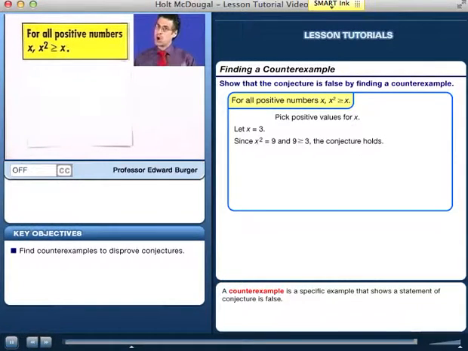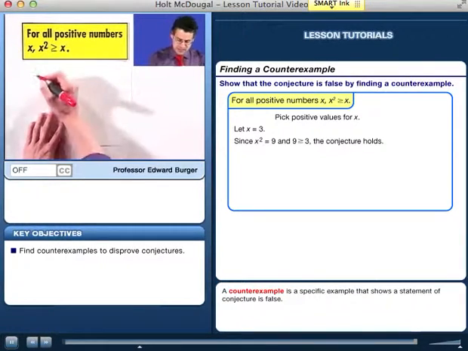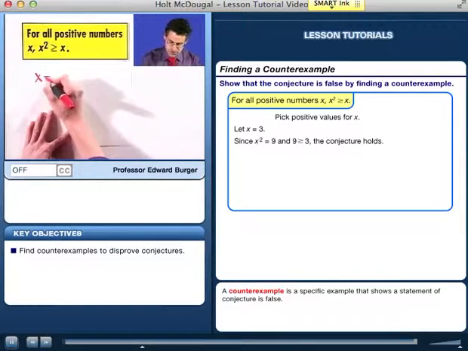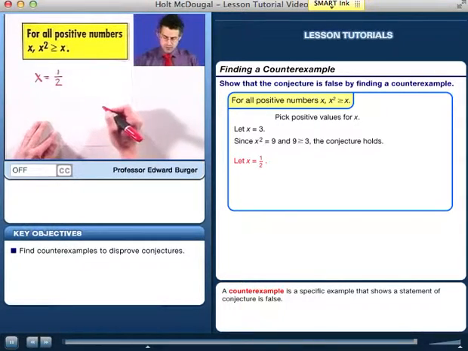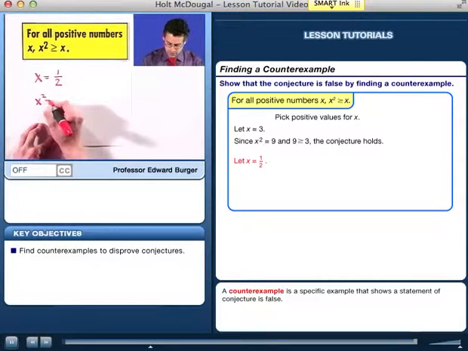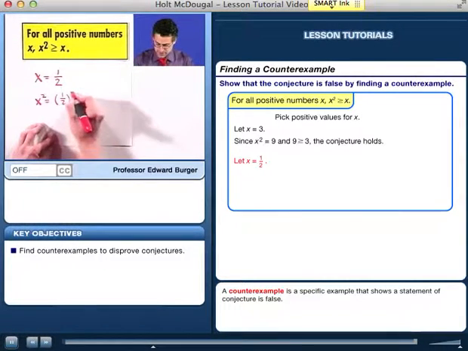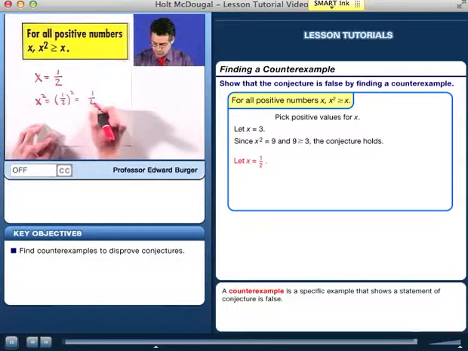So you might say, gee, that sounds pretty good. But you've got to think about all positive numbers, and so for a counterexample, you always use red. Let's suppose that x equals the number 1/2. That's a positive number. What is x squared? Well, that equals 1/2 squared, which is 1/4.